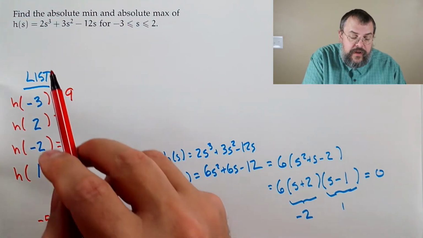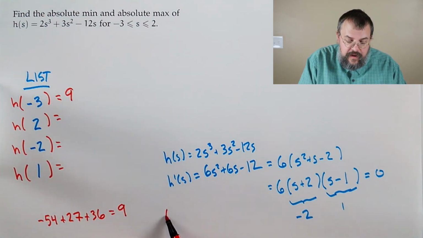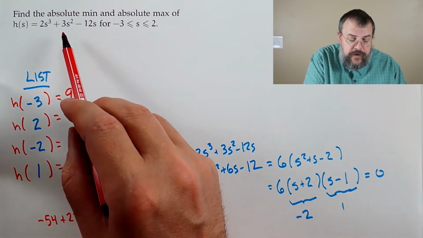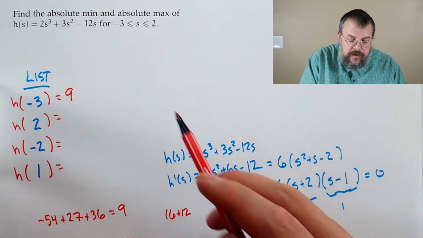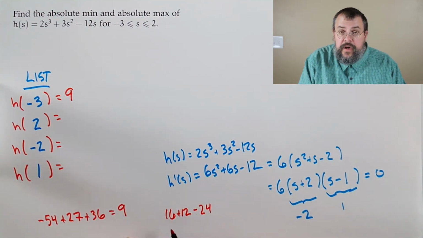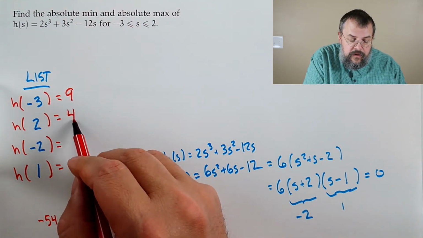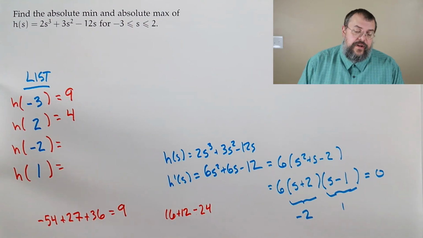Well, keep going. Plug in 2. 2 times 2 cubed. That's 2 times 8. That's 16. Then we have 3 times 2 squared, which is 3 times 4, which is 12. Then minus 12 times 2, minus 24. 16 plus 12 is 28. 28 subtract 24 is 4. All right, how about negative 2?